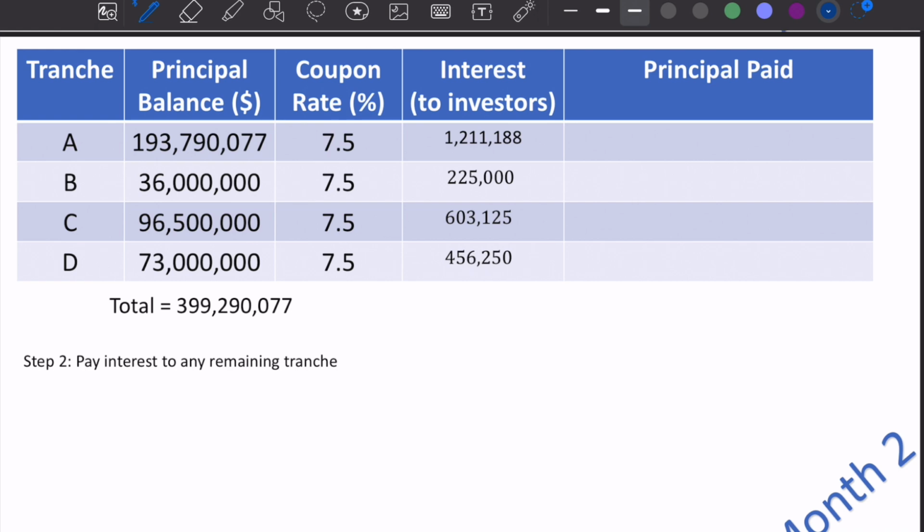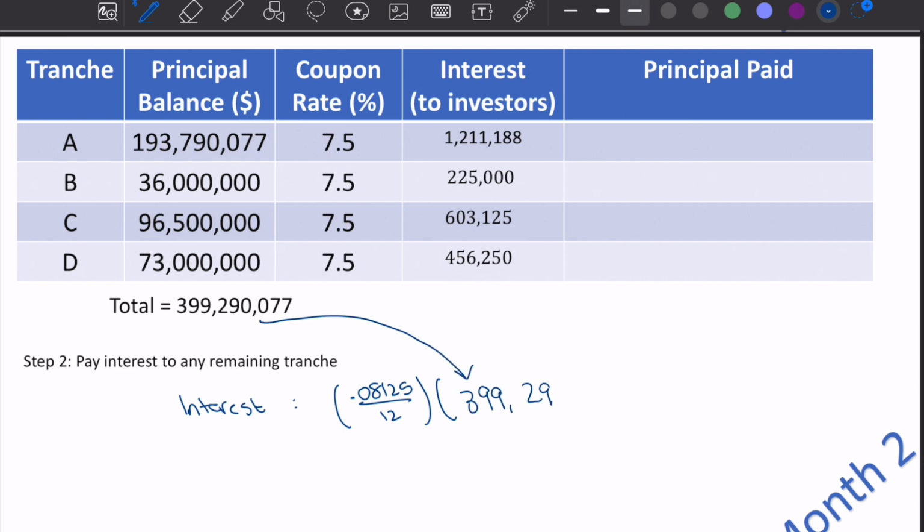So now I want to take that payment and I'm going to divide it into interest and principal. So my interest is the weighted average coupon, make it monthly, times my beginning balance, and that gives me the interest paid of $2,703,527.